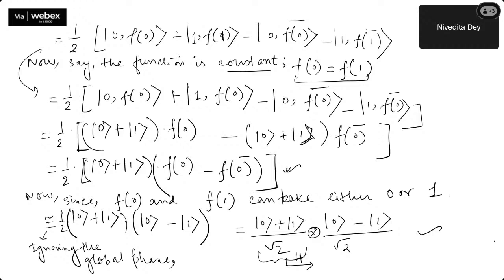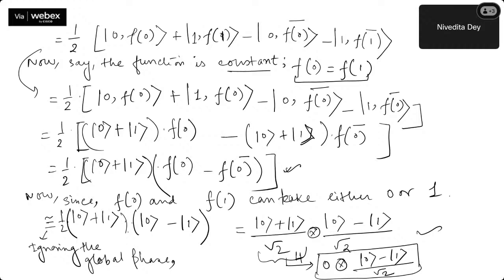Hadamard on |0⟩ plus |1⟩ by root 2 is nothing but 1 and 1. So Hadamard on the superposition will give what? We have seen this. So Hadamard on |0⟩, yes, it will be nothing but |0⟩. And this part we are not doing anything, so it will be root over 2. But this is the state that we are obtaining.